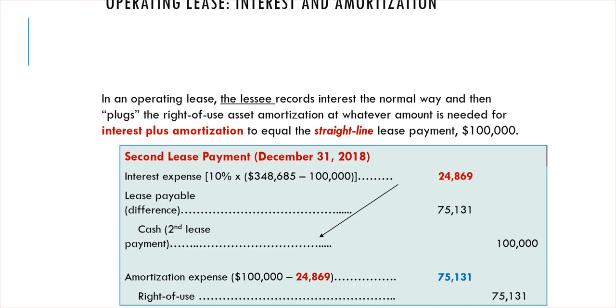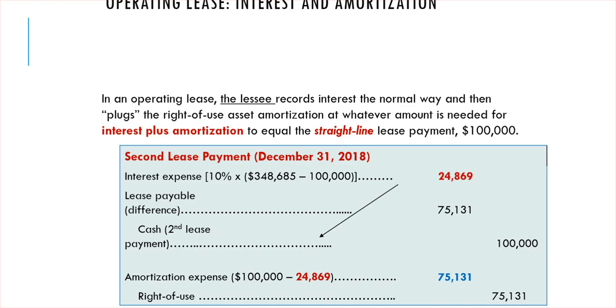We would divide the total amount of the lease asset. In this, it's 348,685, isn't it? We would divide that total amount of that right of use asset equally between the time periods, and our amortization expense in every single time period would be the same.